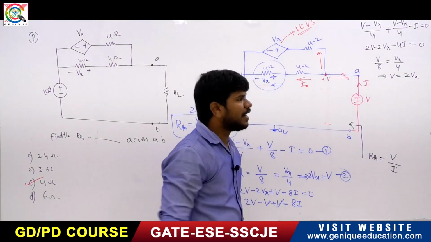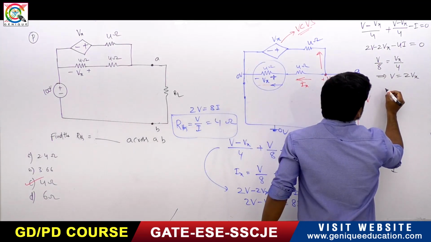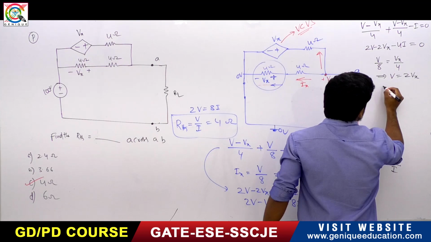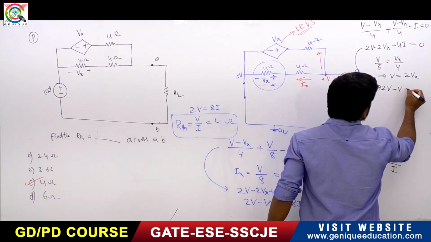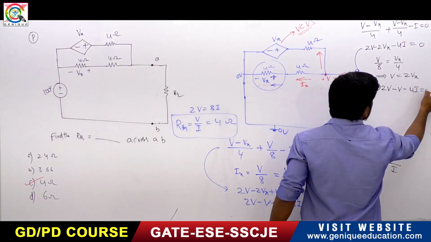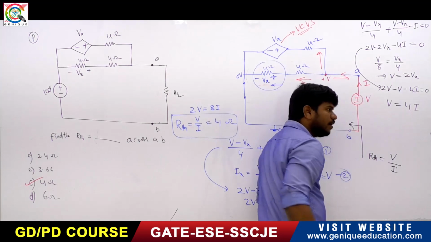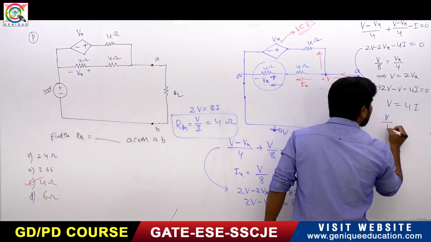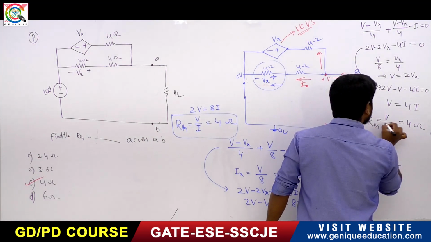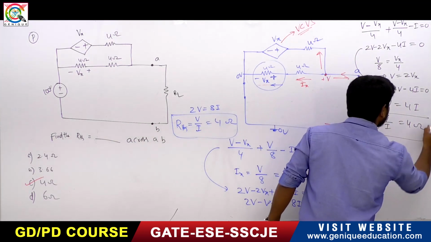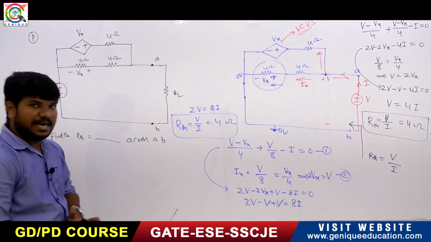So 2V minus V minus 4I is equal to 0. So from this V is equal to 4I. Right? So V by I is equal to 4 ohms. This is equal to what? RTH. So in this way also you can write this.